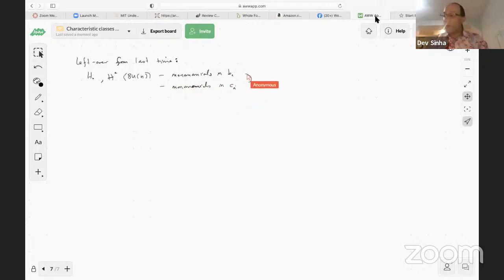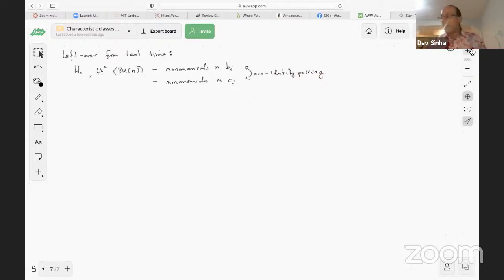And we looked at the pairing, and this was a non-trivial, interesting pairing, non-identity, non-Kronecker pairing.